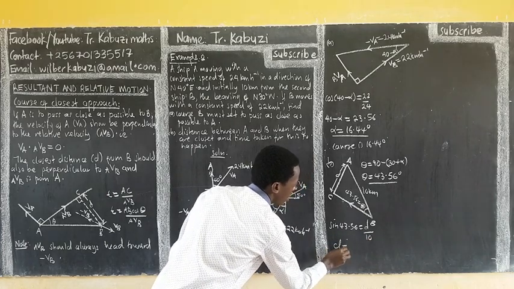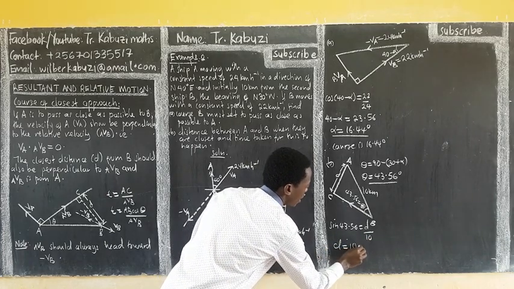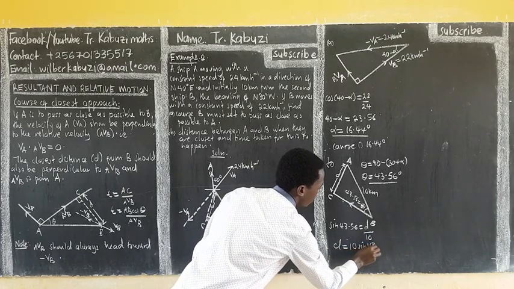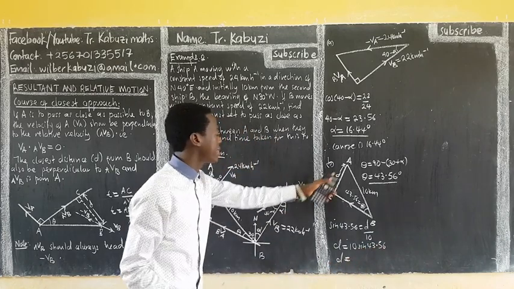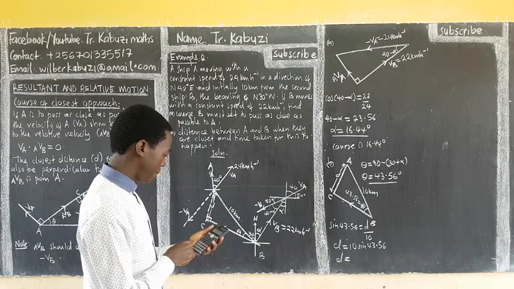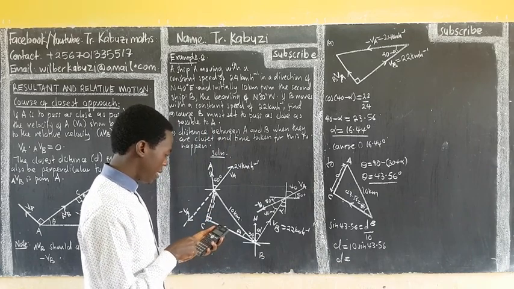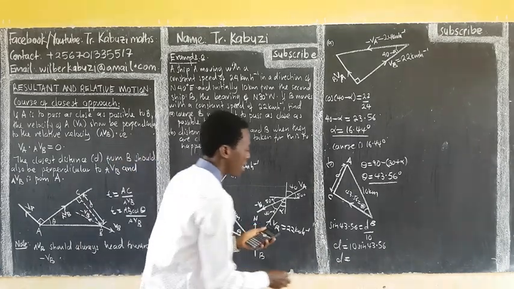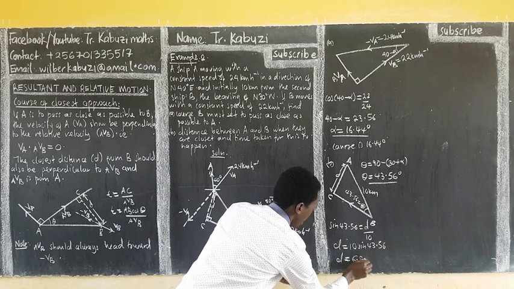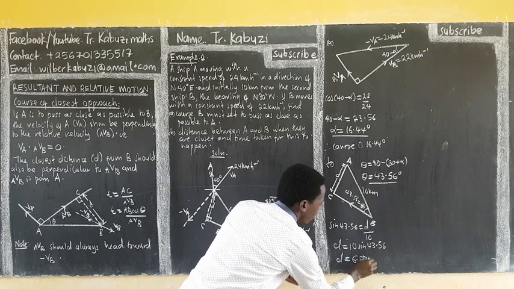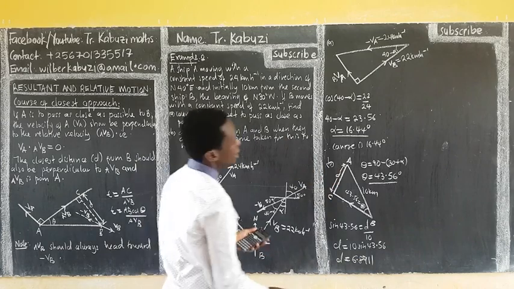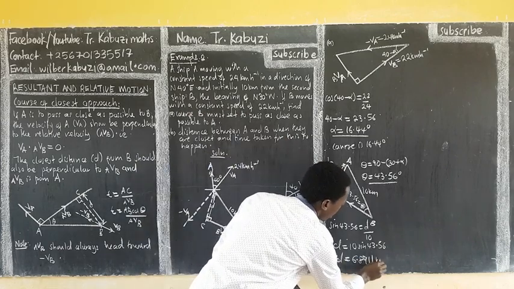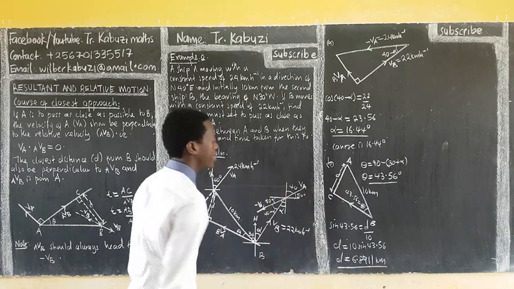So my distance is going to be 10 sine 43.56. And from there, the shortest distance is 6.8911. These are in kilometers. So that's the shortest distance.